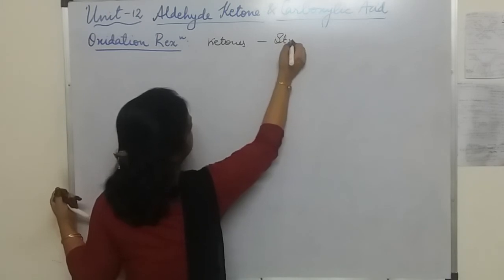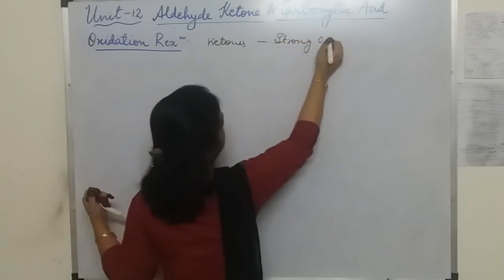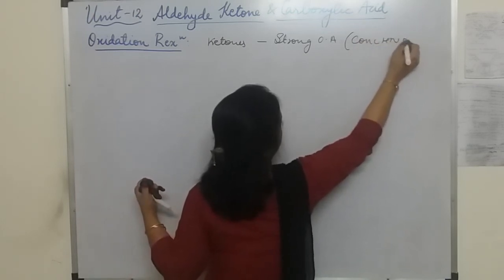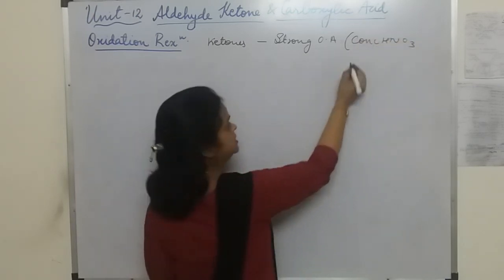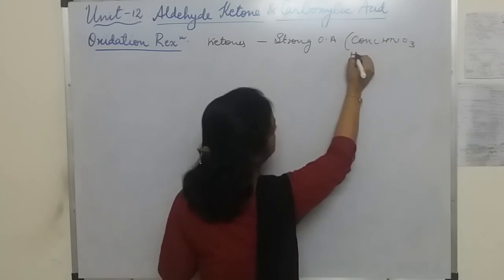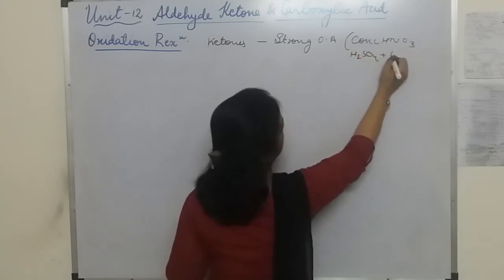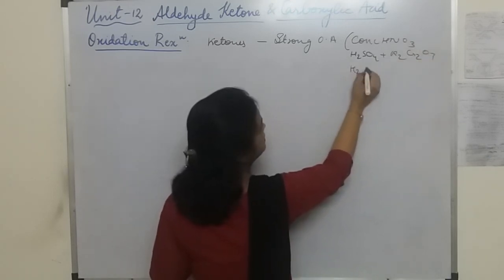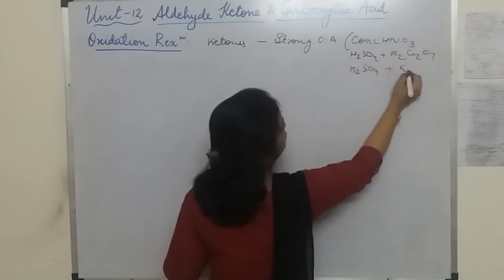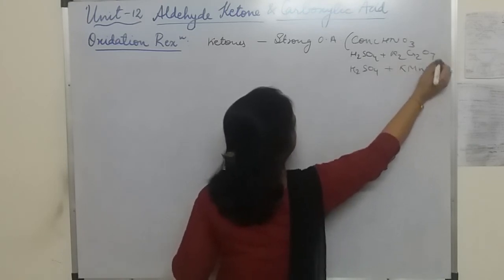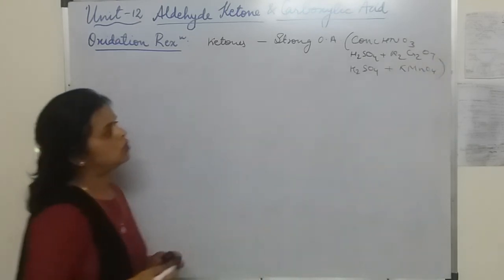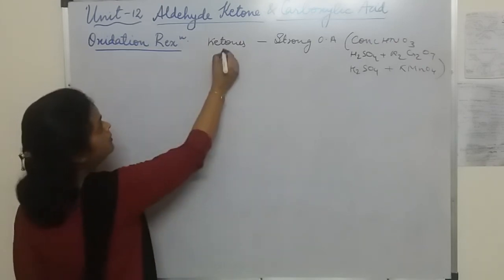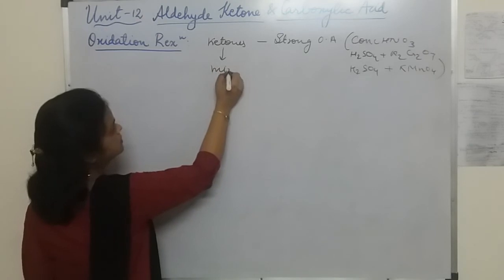As a strong oxidizing agent you can take concentrated HNO3, or acidified potassium dichromate, or acidified KMnO4. These are the strong oxidizing agents which convert ketone into a mixture of acids.